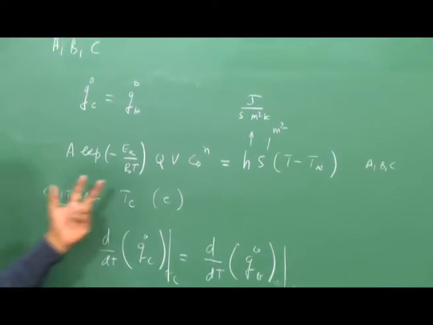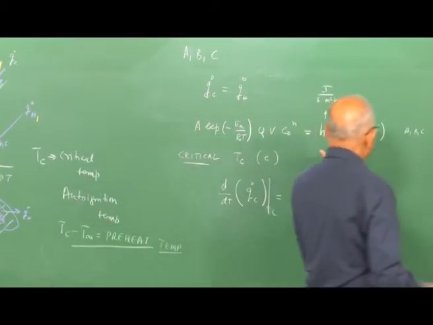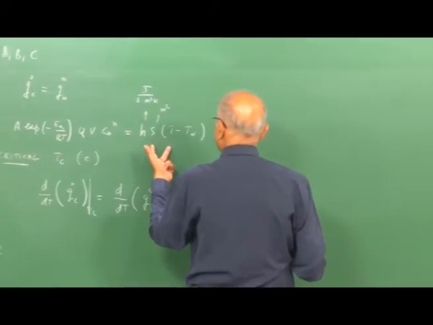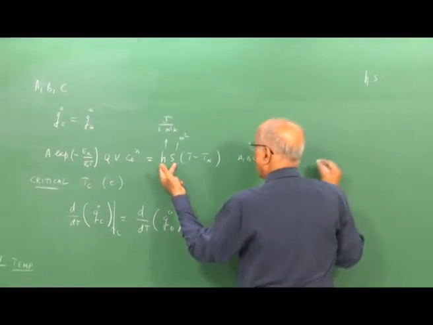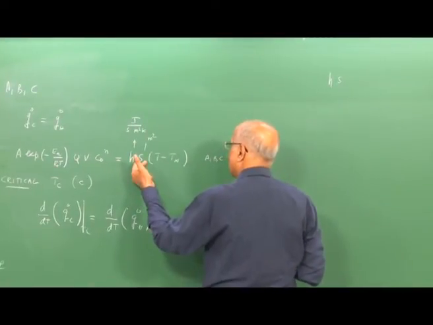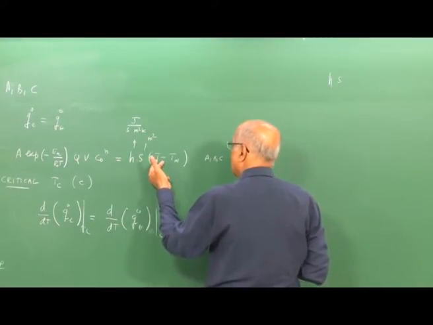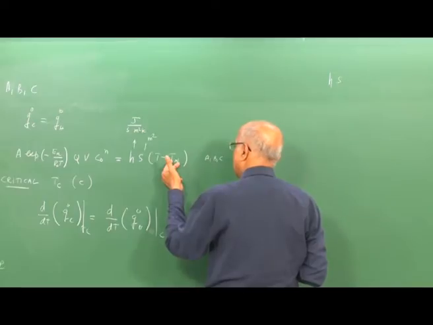Let us write out the expression. I start with the right hand side. If I differentiate this term, I get hS, since the heat transfer coefficient and surface area are constant, d by dT is 1, and the ambient temperature is a constant.